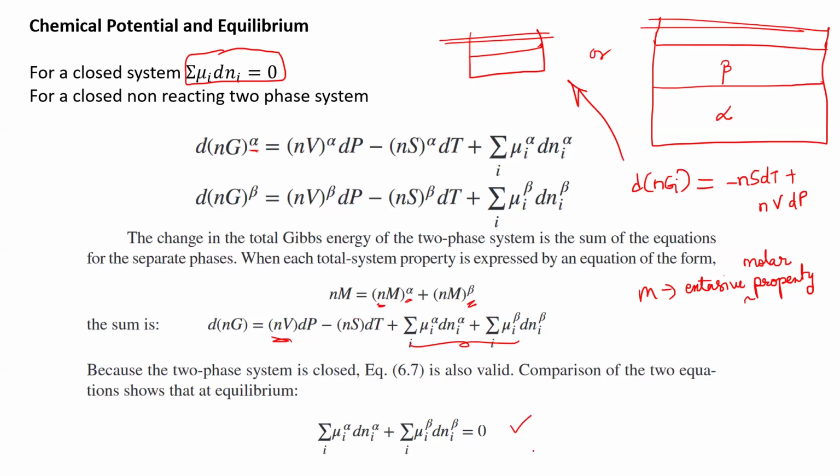And at equilibrium, this becomes 0, so d of nG is 0.